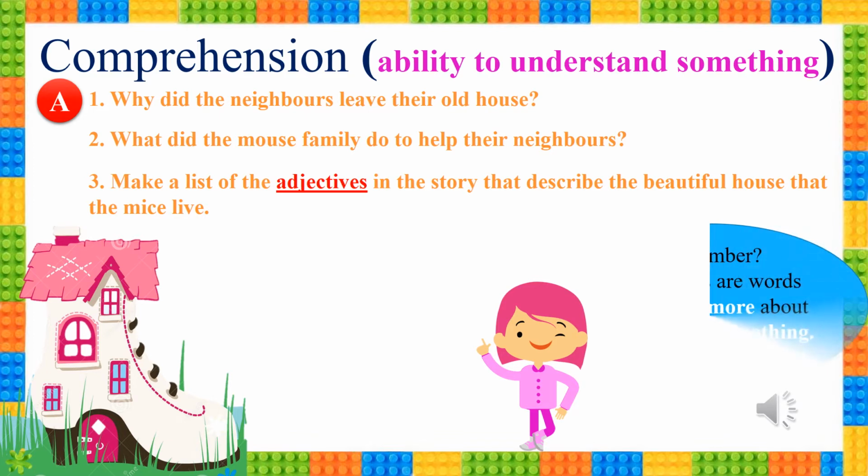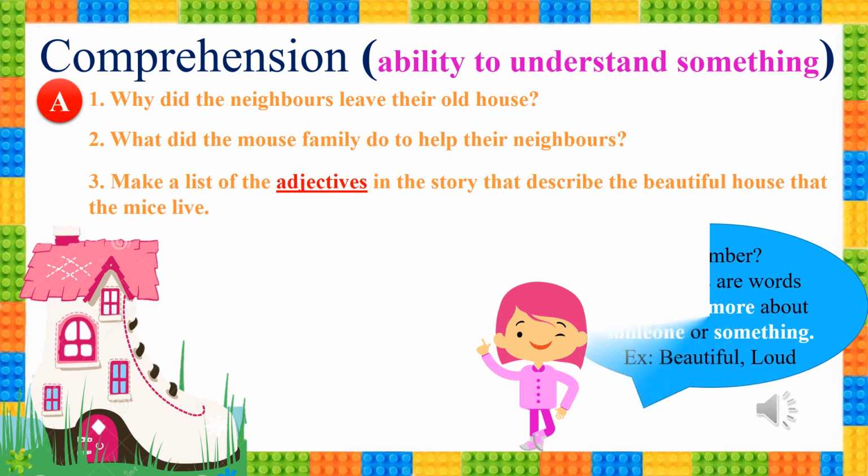What is an adjective? Adjectives are words that tell us more about someone or something. Example: beautiful girl, loud noise.